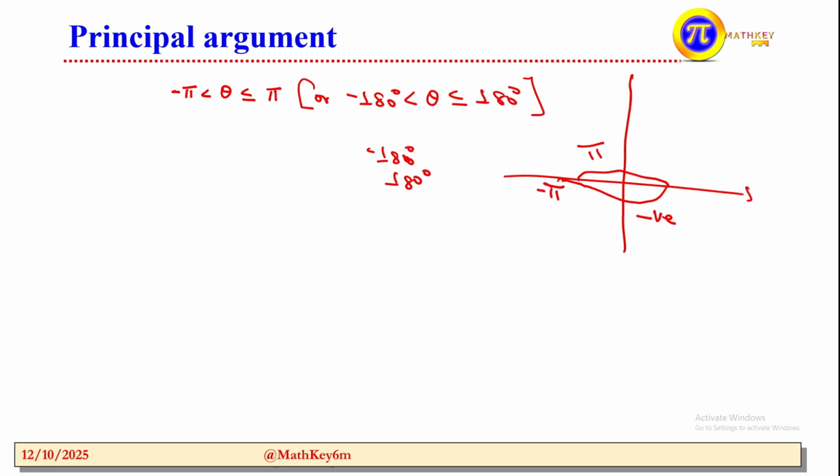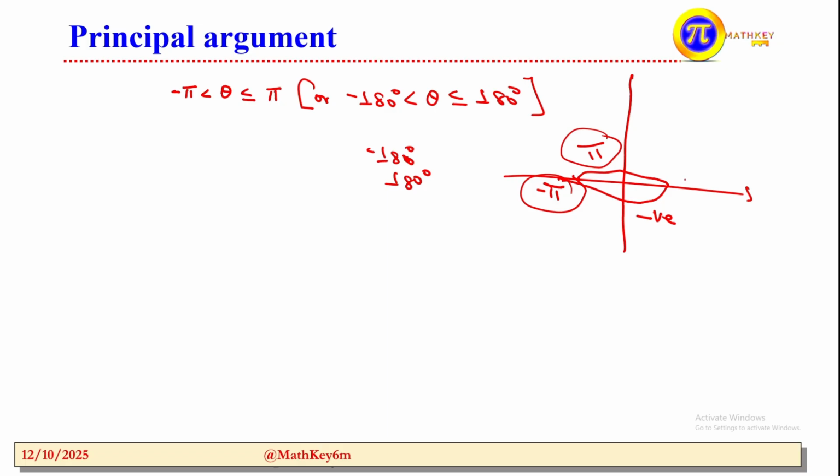Since both are coterminal angles, they end at the same place, so the trigonometric value of pi as well as negative pi is the same. They cannot be unique since both have the same value. So we take pi, including pi but excluding negative pi.